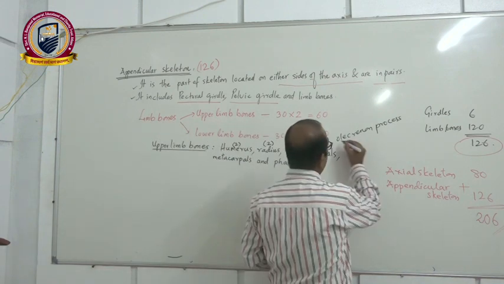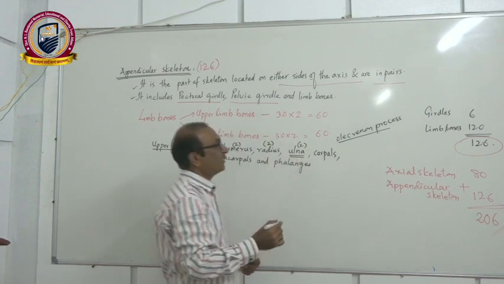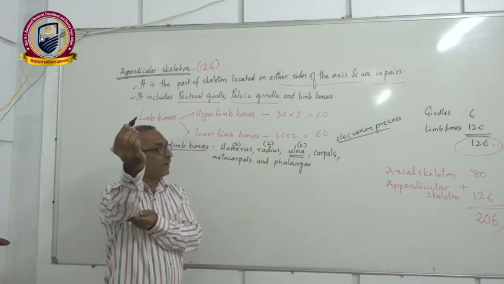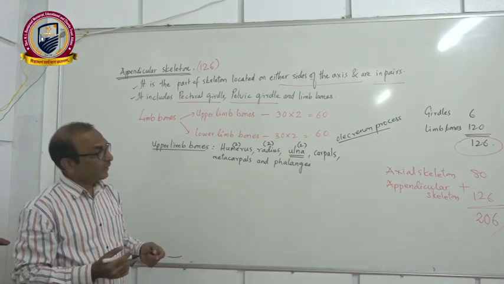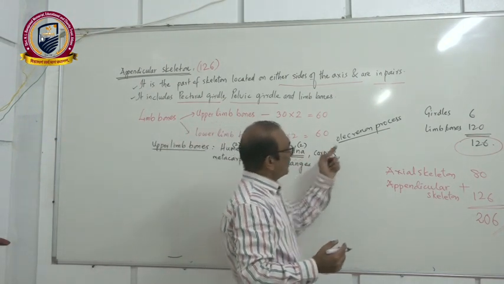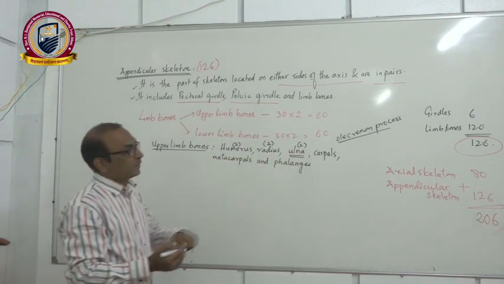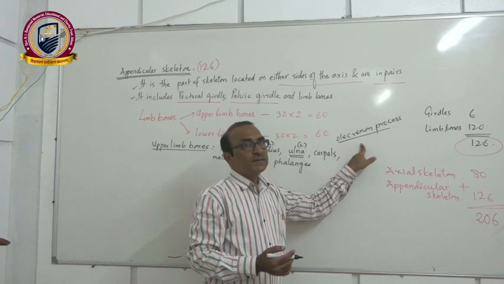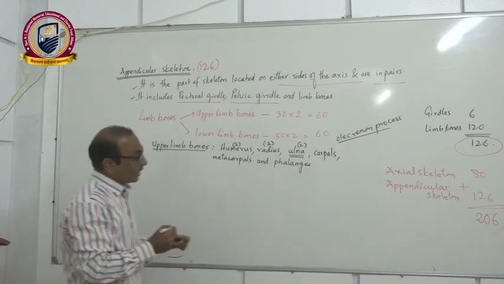So this olecranon process is an extension of the ulna. Remember, multiple choice questions have been framed on this: in which of the upper limb bones is the olecranon process present? That is the ulna.